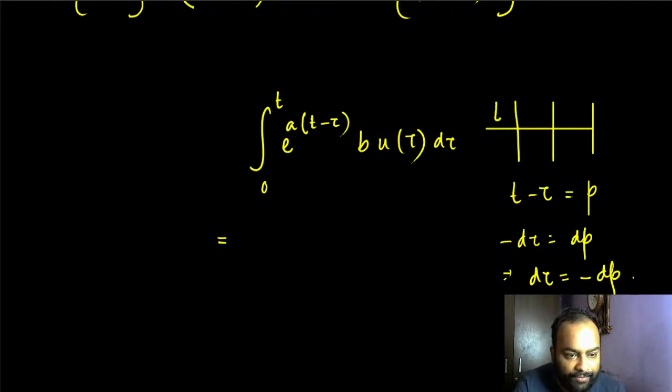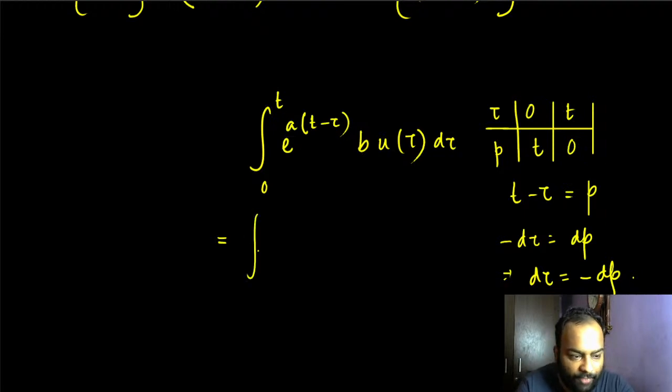So here we have the limits of tau, and here we are going to have limits of p. When tau is 0, what is the value of p? When tau is 0, the value of p is t, and when tau is t, the value of p is 0.